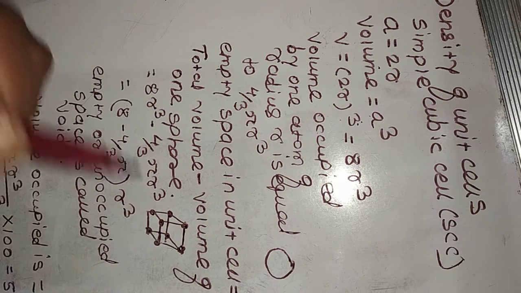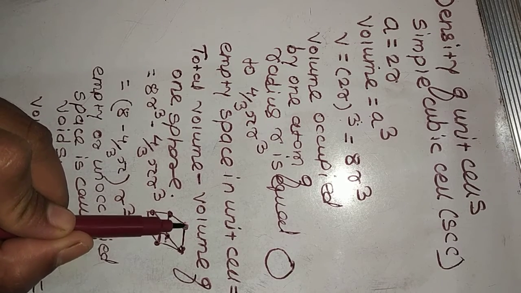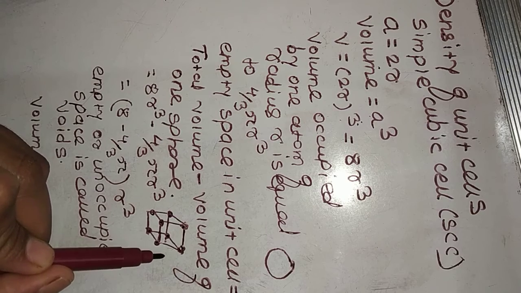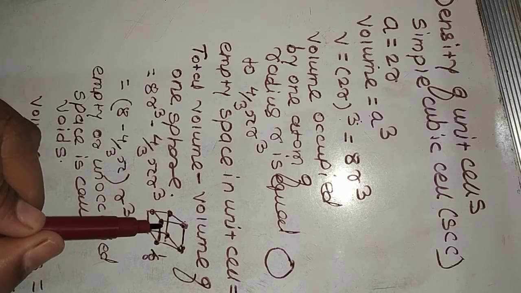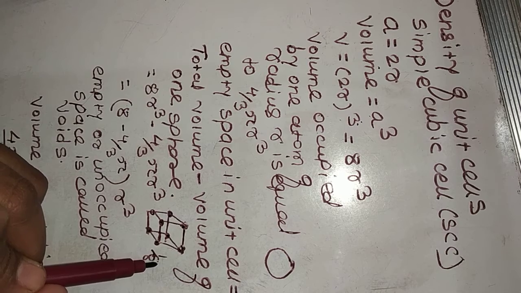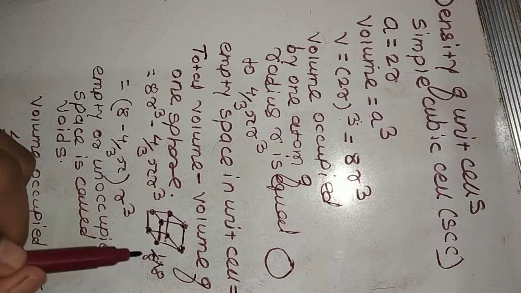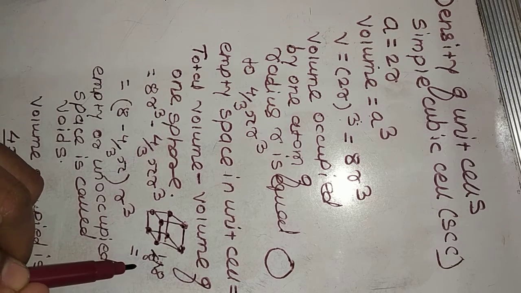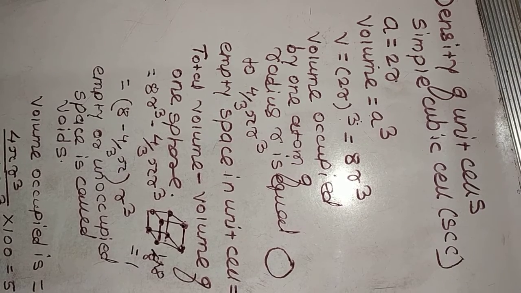And here this one atom can contribute in this unit cell only 1/8 part. So there are total 8 corners and only 1/8 part can contribute in this unit cell. That's why the total number of atoms is 1, and the volume of atoms in this unit cell is 4/3 pi r cube.